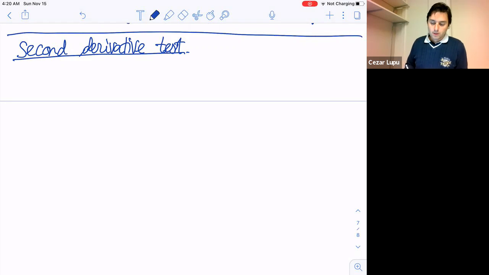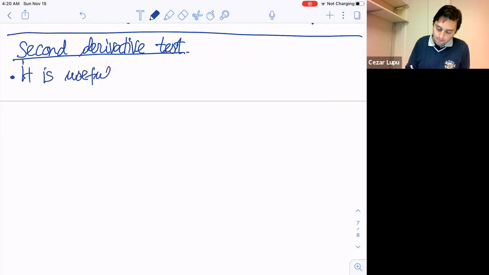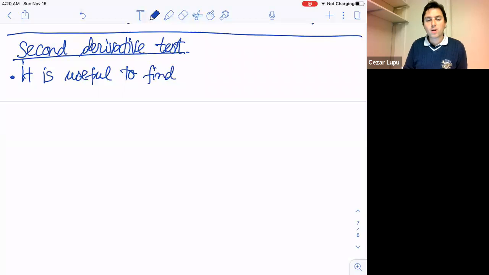Okay, so the second derivative test is useful to find, again, relative minima and relative maxima. So you have two options, two procedures to find a relative min and a relative max.